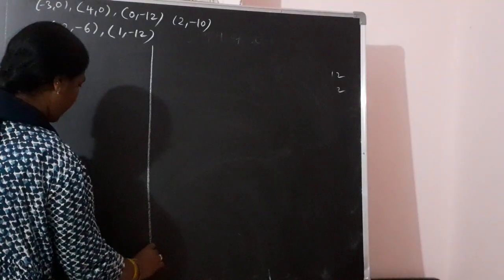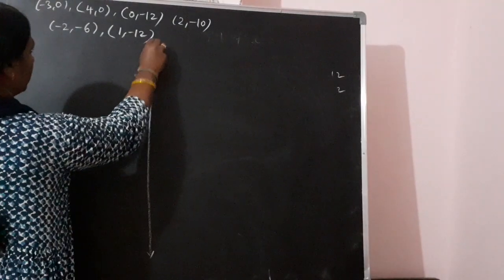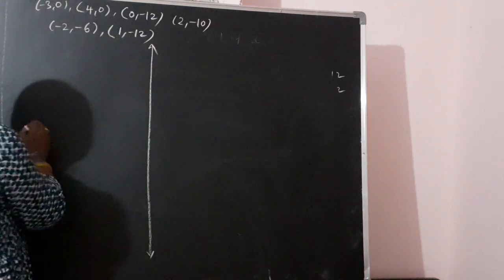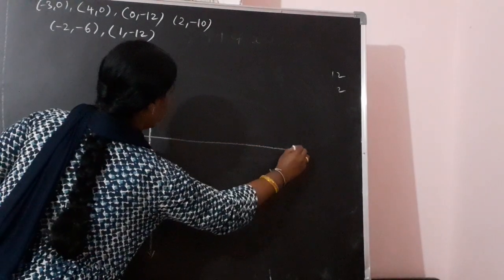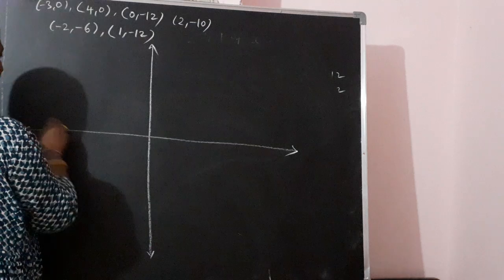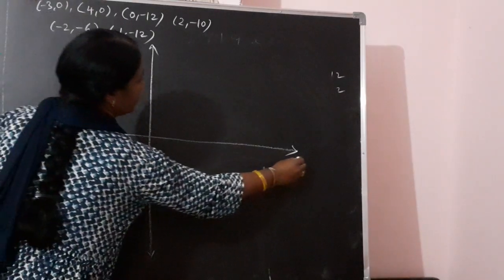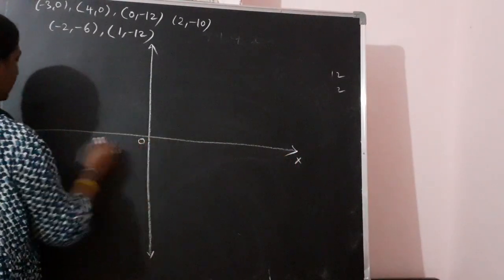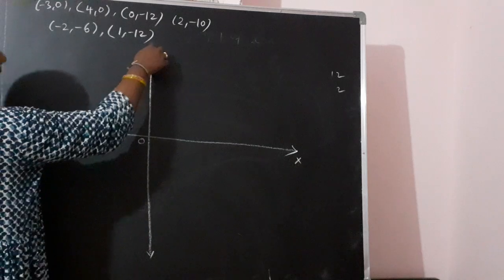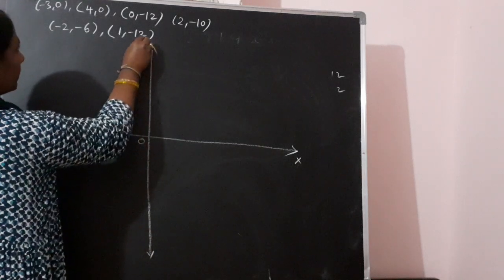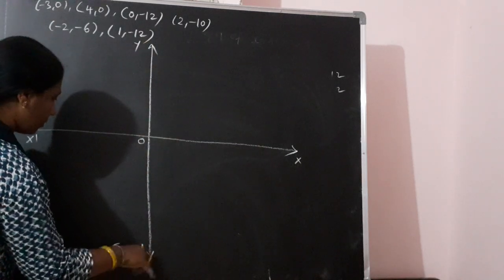Right, see here. First, on graph paper you have to draw. Take the y-axis and x-axis. The horizontal line is called the x-axis. The vertical line is called the y-axis.